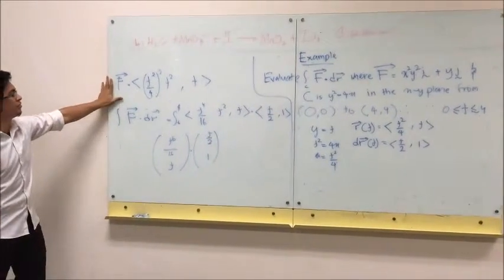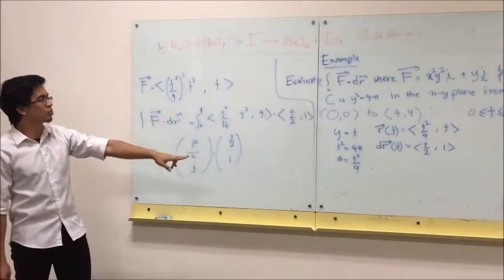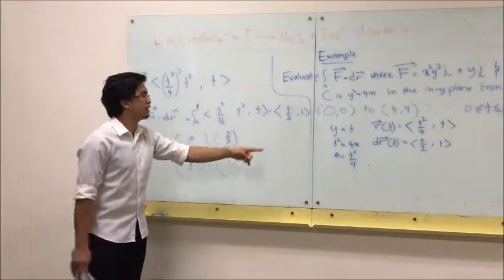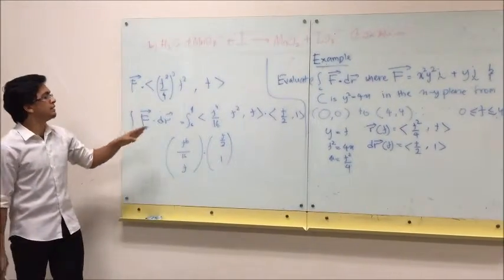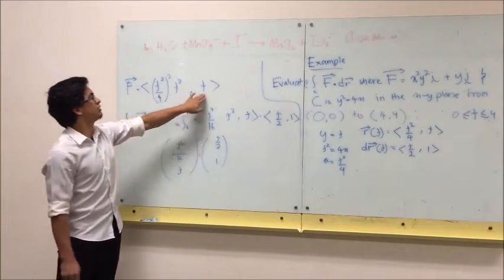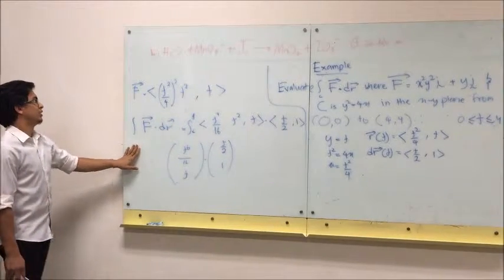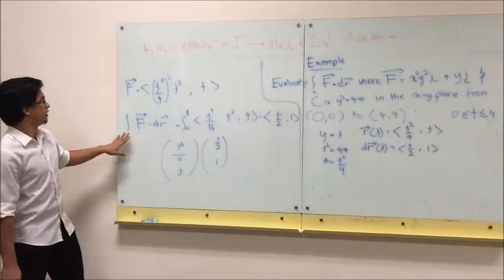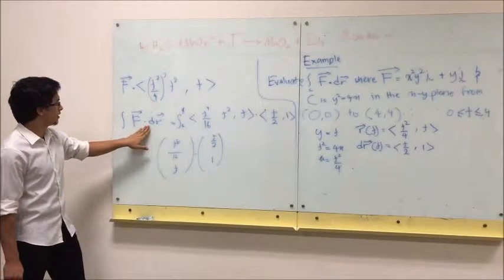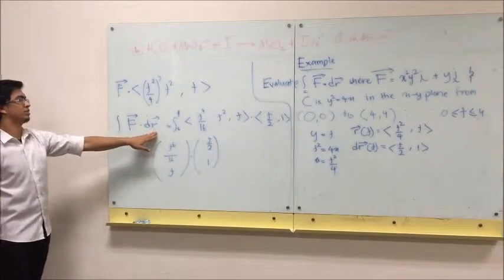Okay, for vector F, we substitute the values of x squared and y squared with t squared over 4 and t squared respectively, and also t for the y. Then we will integrate vector F dot the change of vector r.